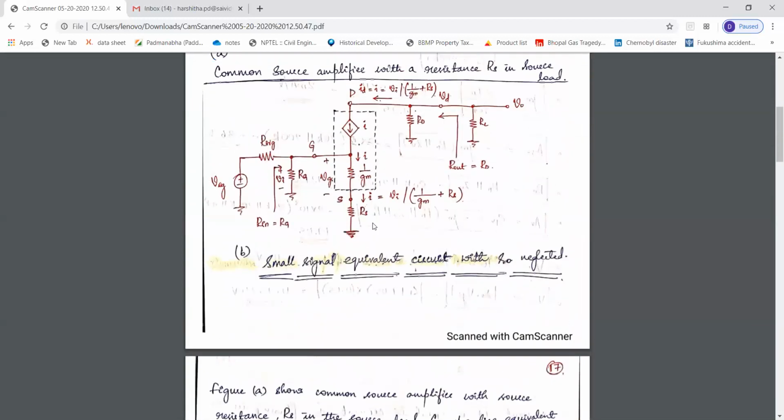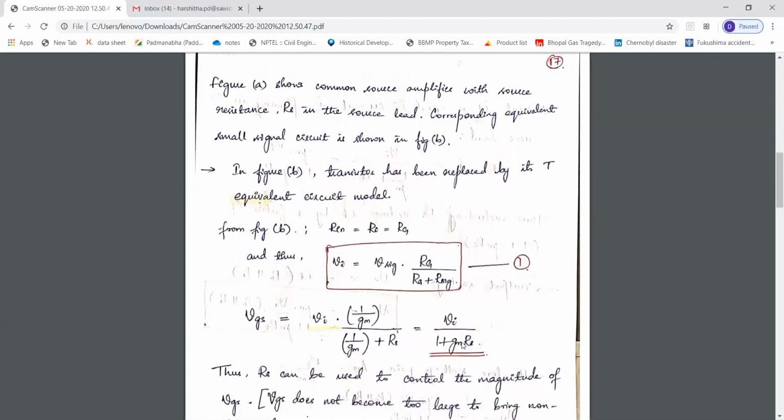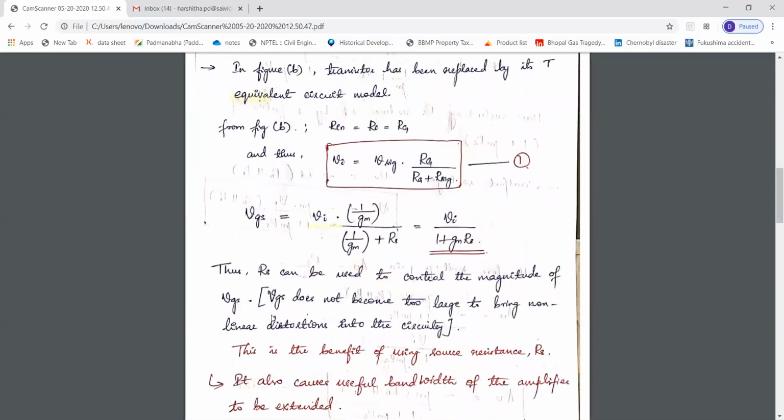So here we are connecting RS, the source resistance, to the common source amplifier. You can see it is in the denominator of this equation for VGS. So this RS will have control over the VGS magnitude. It will see to it that VGS does not become too large such that it brings nonlinear distortions into the circuitry.